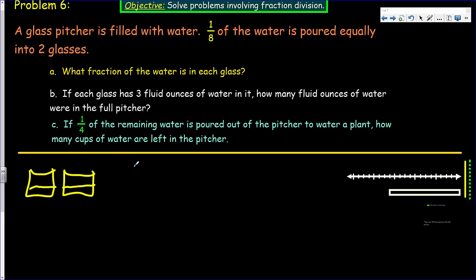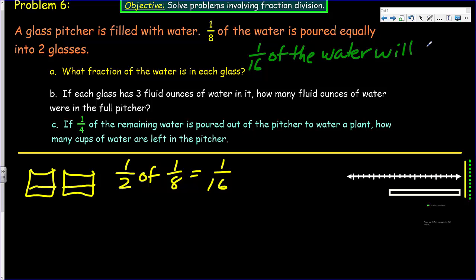So basically what we're saying is we need to find out what 1/2 is of the 1/8 of water. And that's pretty simple, right? 1/16. So 1/16 of the water will go into each glass. Let's say 1/16 of the water is in each glass.